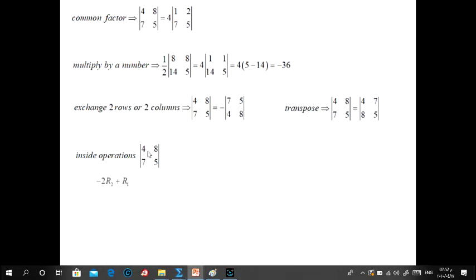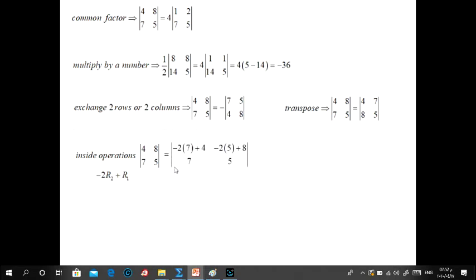Let's see the same example which I'm talking about. This shortcut, negative 2 R2 plus R1, means I will multiply the second row by negative 2, then add it to the first row. This is a translation for this statement: multiply the second row by negative 2, then add it to the first row.